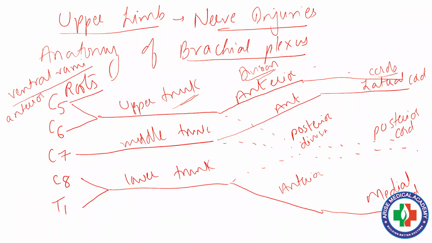C8 and T1 form the lower trunk. Each trunk divides into anterior and posterior divisions. All posterior divisions unite and form the posterior cord. The anterior divisions of the upper and middle trunk form the lateral cord. And the anterior division of the lower trunk continues as the medial cord of brachial plexus.